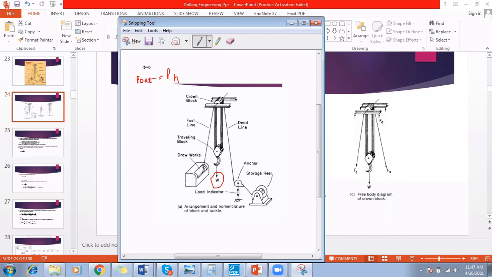So I am asking why they are saying the output power as the power at the hook load, or the power of the hook load. So why are they saying this? Can you tell me the location of the hook in the drilling components? What is the location of the hook?